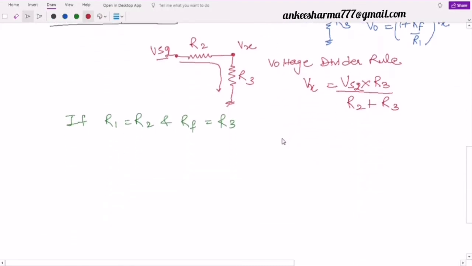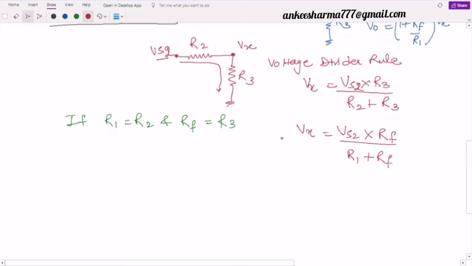Now if I look here, by using this assumption that is R1 equal to R2 and RF equal to R3, can I say that my Vx can be written as Vs2, in place of R3 I write RF, divided by, in place of R2 I will write R1 plus RF. This is what I have obtained by simply substituting these values.